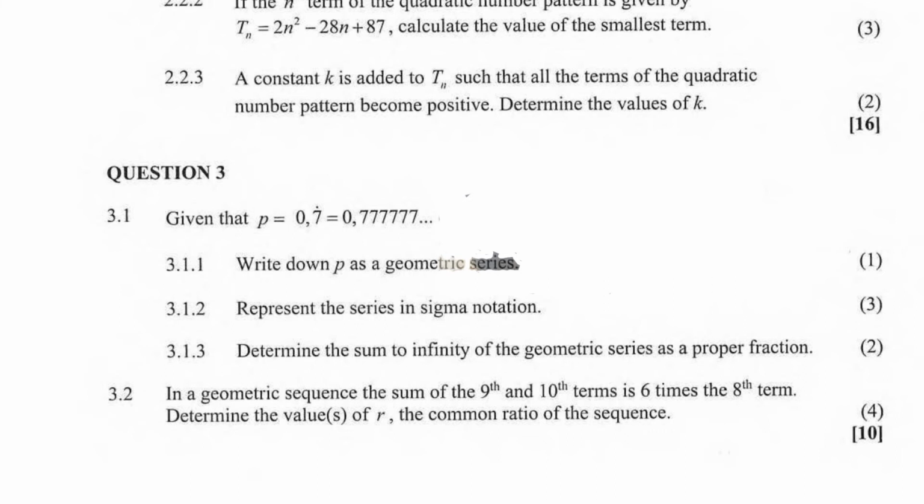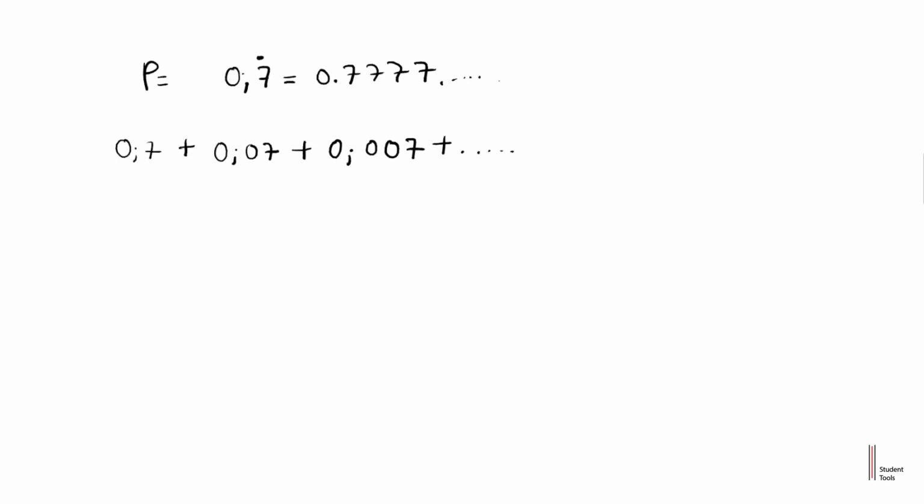3.1.2 says we should represent the series in sigma notation. Okay, so let us try and represent this in sigma notation. But first, let us determine the value of a, which is the first term.